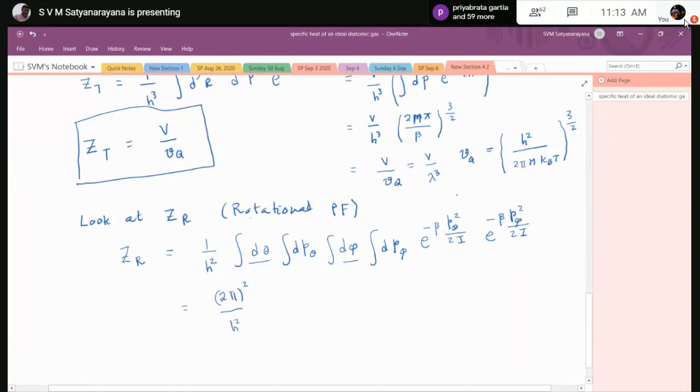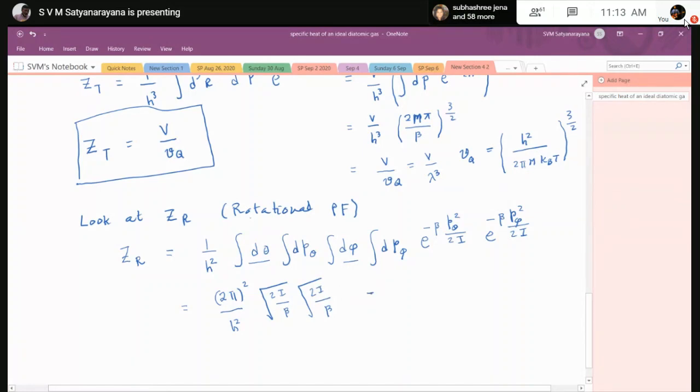Now this integral is exactly the same as the Gaussian integral that we have talked about earlier. So we are going to have 2I by beta, one integral over p phi, and then square root of 2I.